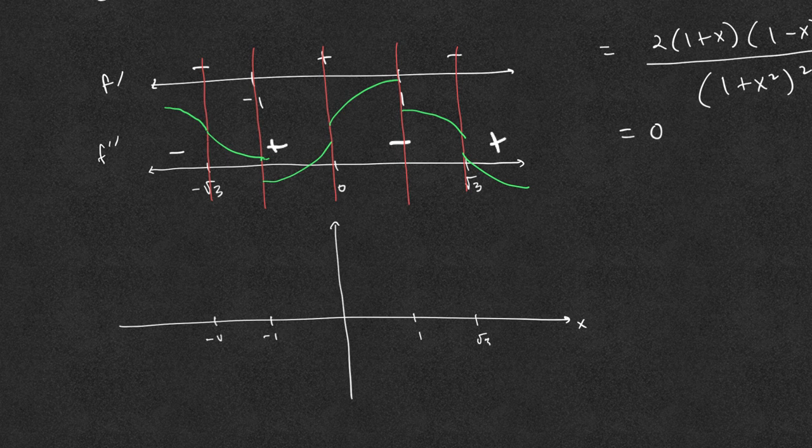Keep in mind that we also have a horizontal asymptote that we found earlier at y equals 1. We also found that when x equals 0, y equals 1. So the graph has to go through the point x equals 0 and y equals 1.